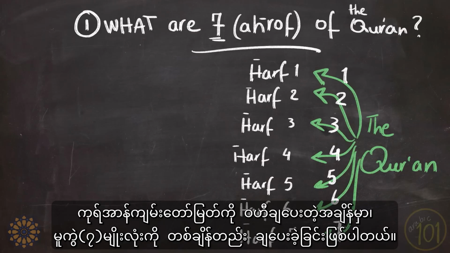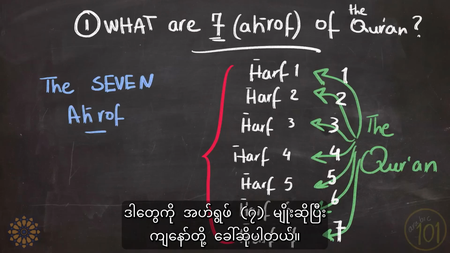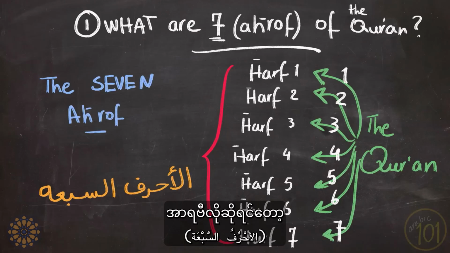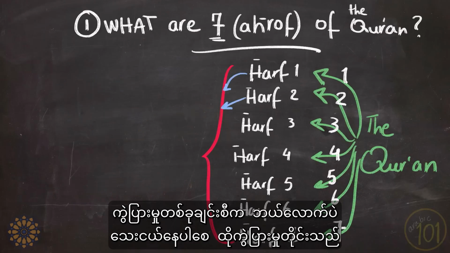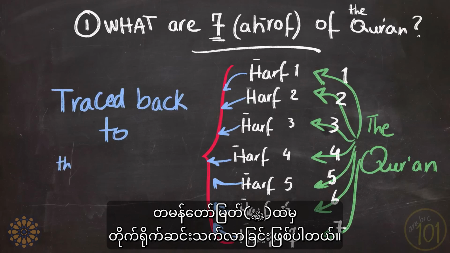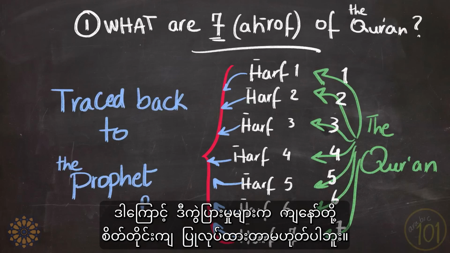When the Quran was revealed, it was revealed with all 7 variations at the same time. We call them the 7 Ahruf, or in Arabic, Al-Ahruf As-Sab'a. So these Ahruf represent 7 variations of some words in the Holy Quran. So each difference, no matter how minute or minuscule it is, goes directly back to the Prophet, peace be upon him.